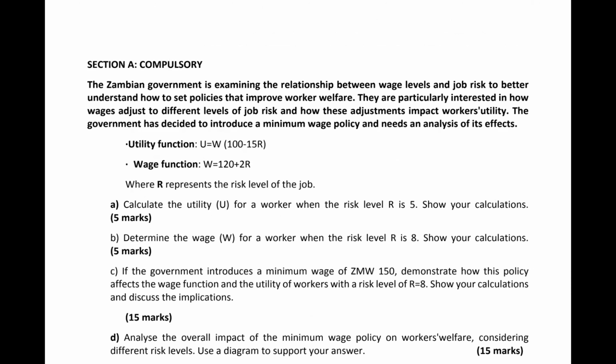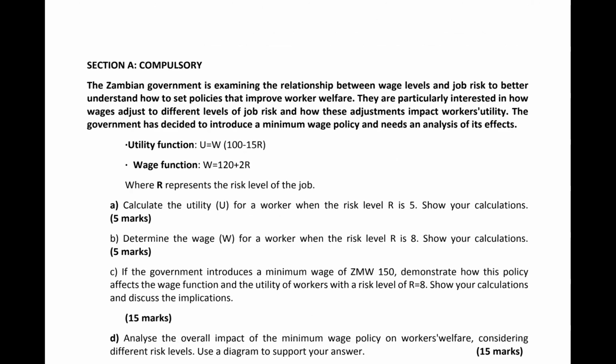This is the paper for 2024 that we are doing, and I am reading the question in your hearing. The Zambian government is examining the relationship between wage levels and job risk, to better understand how to set policies that improve worker welfare.